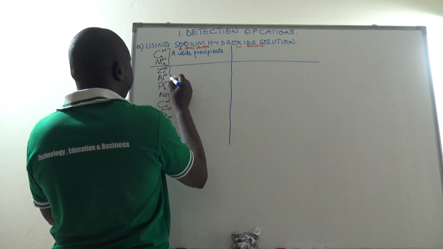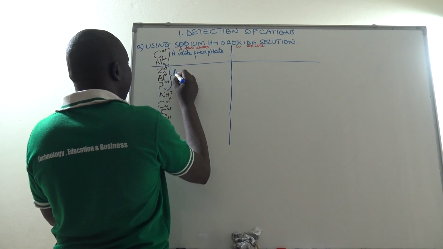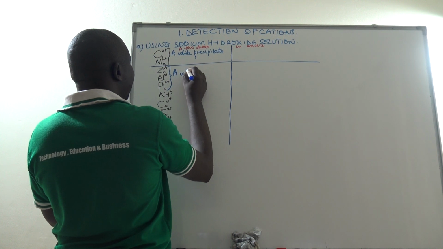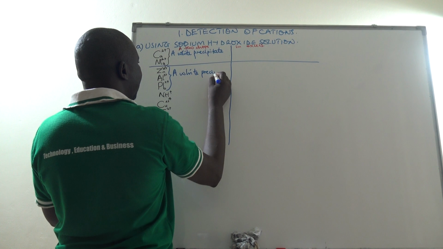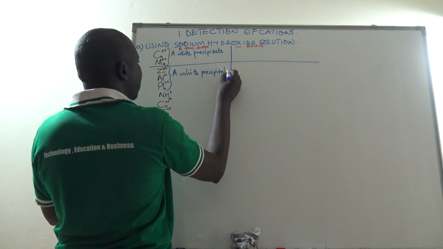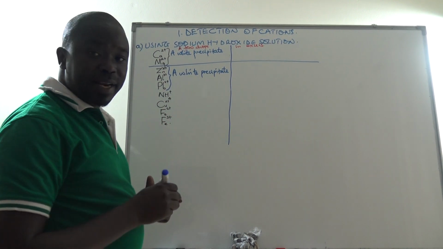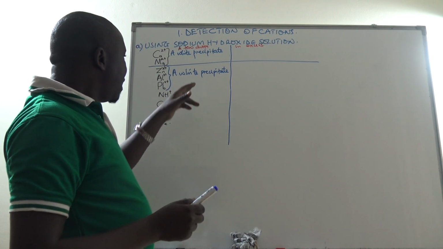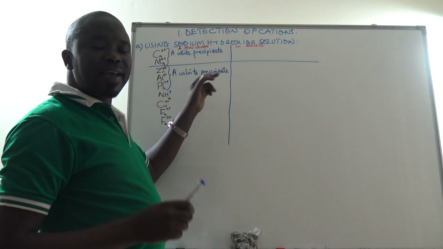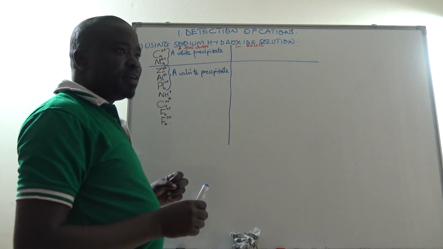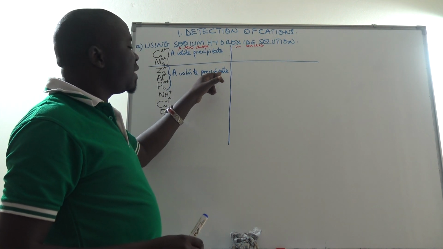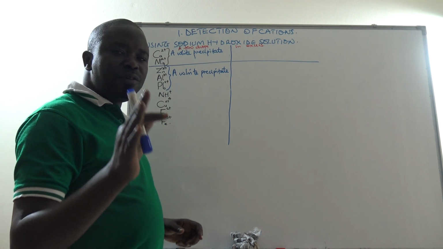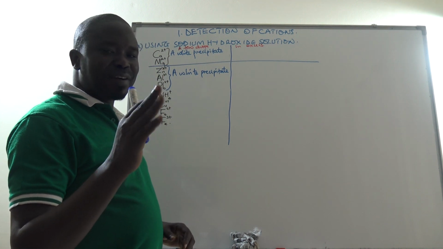Now ZAP, this one gives us, when we add a few drops, we first get a white precipitate. Dear candidates, I believe that the word precipitate is not very difficult to write. So I pray that you write the word precipitate in full other than using PPT, because you may misfire somewhere.